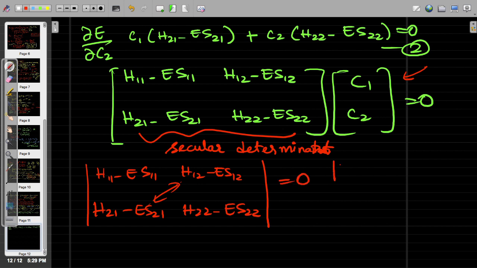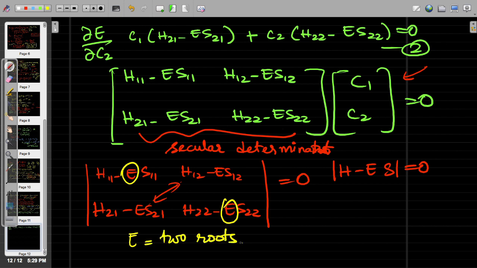This is nothing but the H minus ES determinant that you want to solve to 0, and one is able to immediately appreciate the fact that this is going to be a quadratic equation with respect to E. Therefore, you are going to get two roots, and you will take the smaller of the two roots, which will be the higher estimate for the ground state energy.